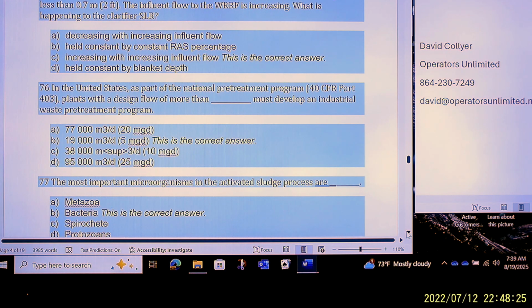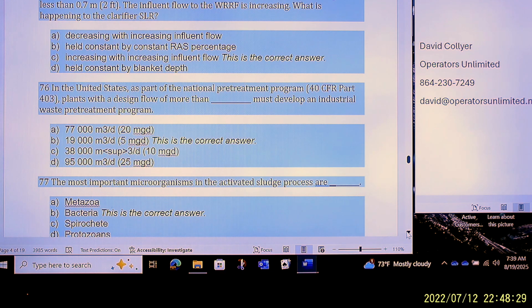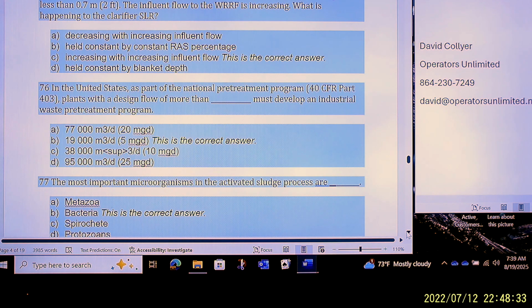75. The RAS is a fixed percentage of the influent flow. The clarifier blanket depth is less than 2 feet. The influent flow to the WRRF is increasing. What is happening to the clarifier SLR, solids loading rate?